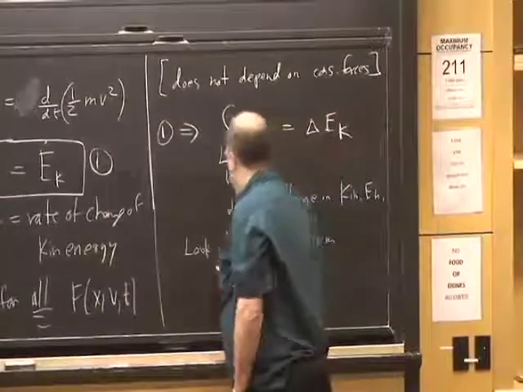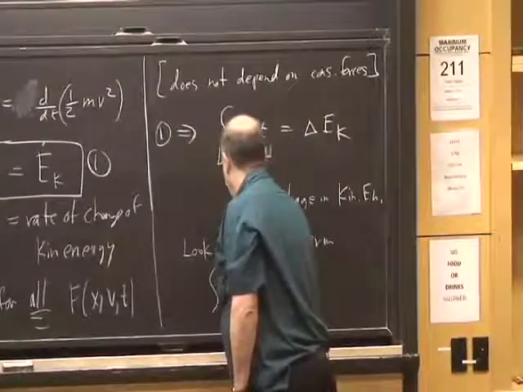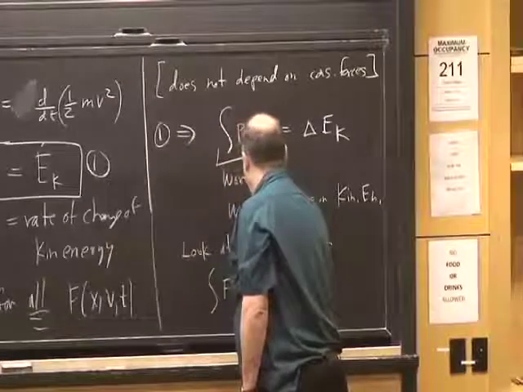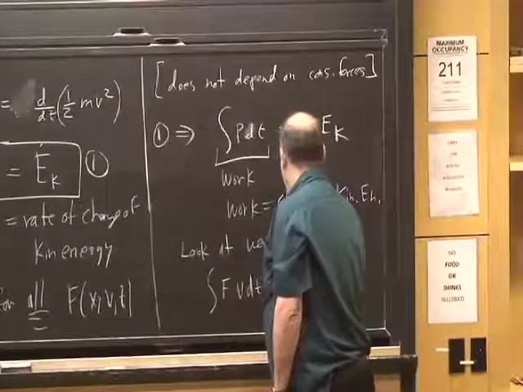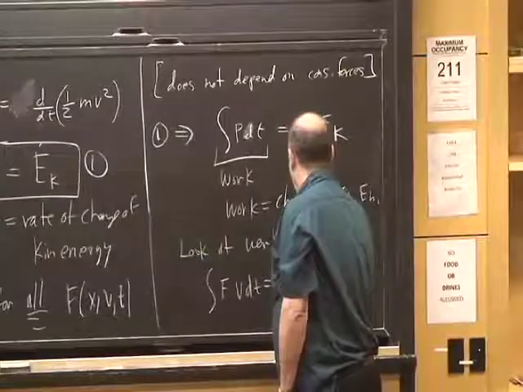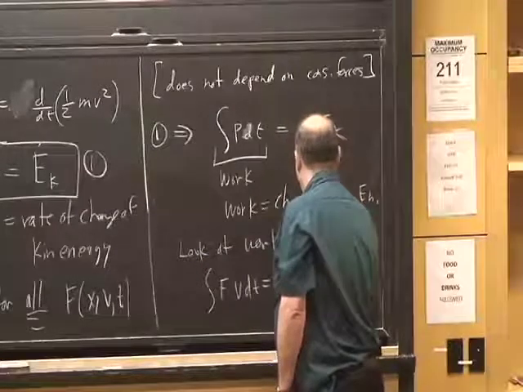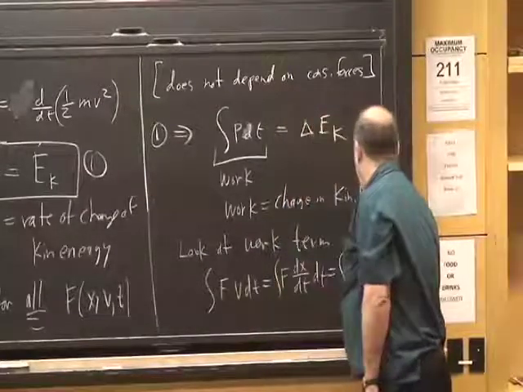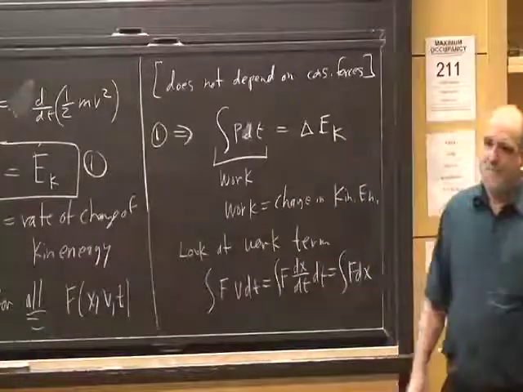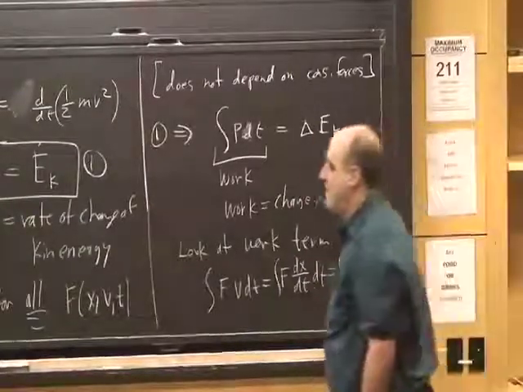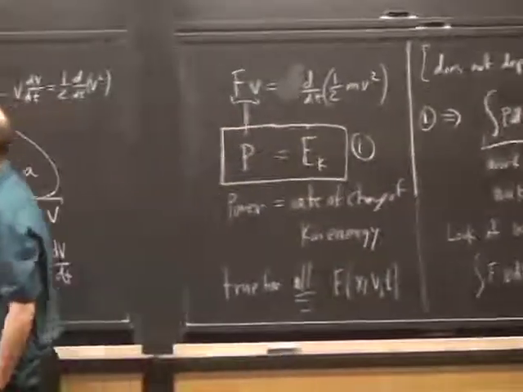And the work term is this integral of force times velocity dt. And velocity is dx/dt. And so we can say that's the integral of F dx. So the integral of force with respect to displacement is a change in kinetic energy.